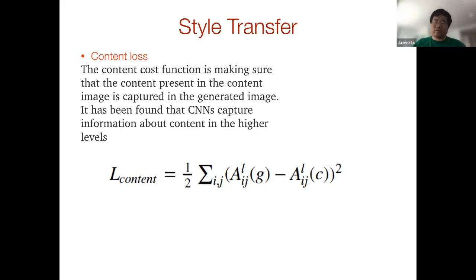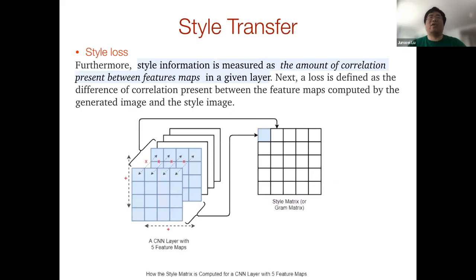But what do we mean by the style being similar, right? We have two images. What does it mean that two images have similar styles? The style information is measured by the amount of correlation present in different maps. So we use the concept in statistics called correlation.